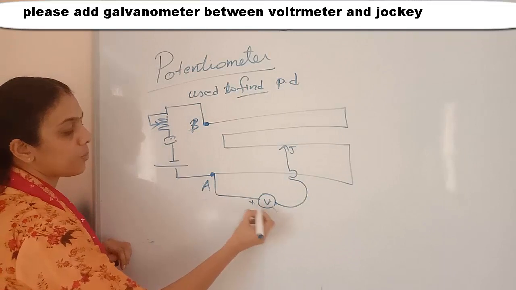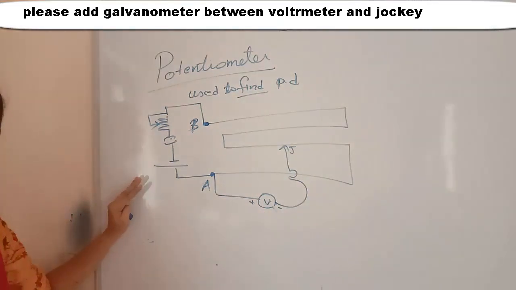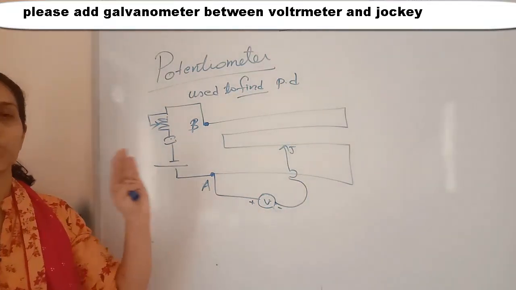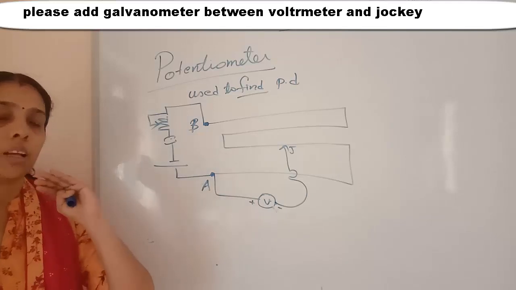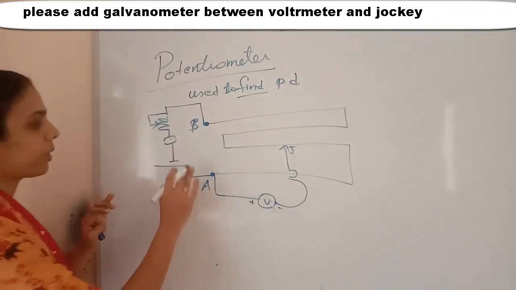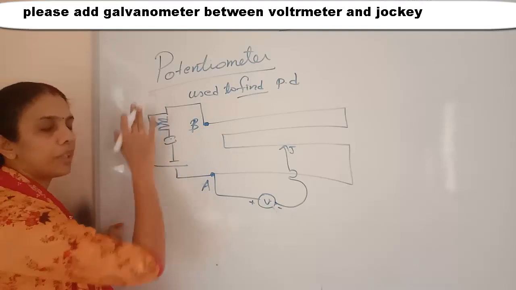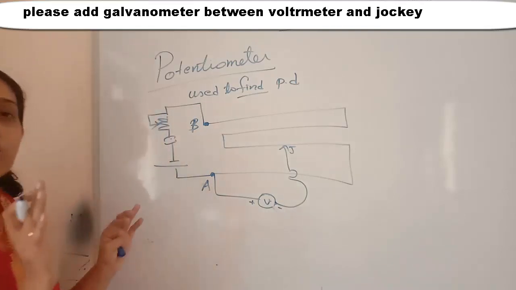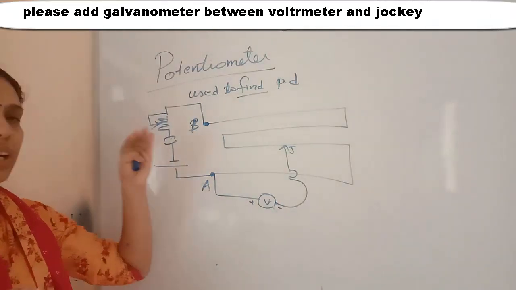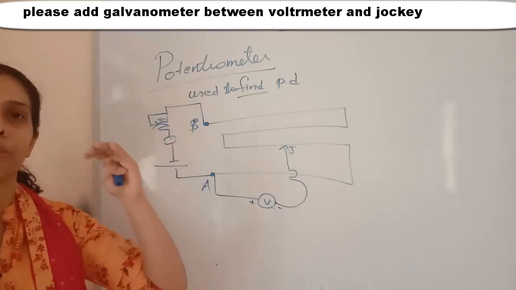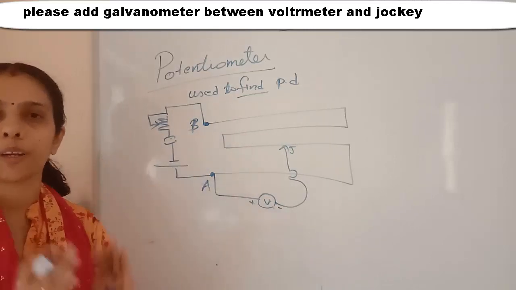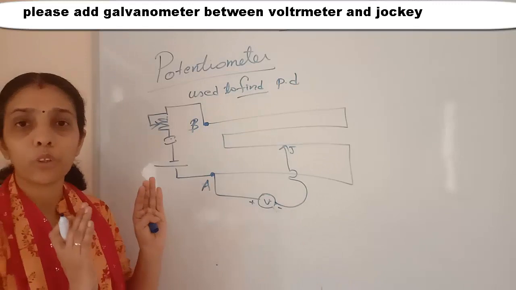This is positive, this is negative. This is the arrangement for potentiometer. This is also there in your practicals. Okay, it's important. This diagram, potentiometer, how it will be used, how we can find out the potential difference between the 2 points in the circuit. That one we are going to find out now.